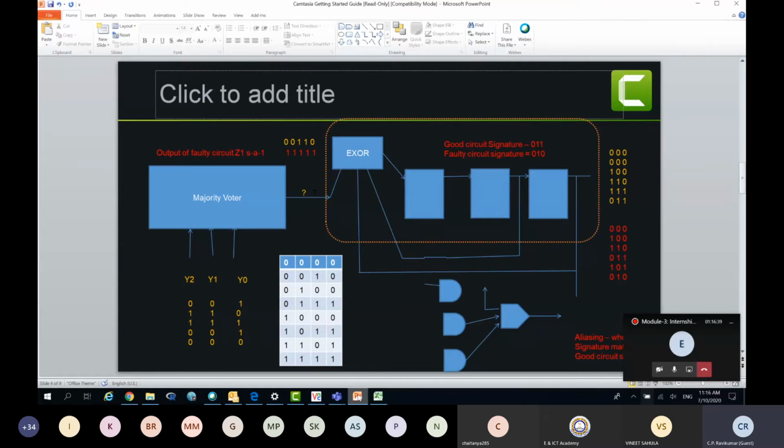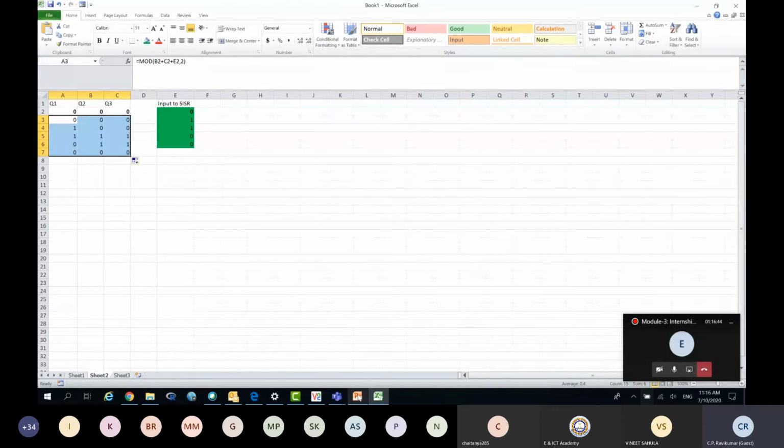How come it's not matching? 0, 0, 0, 1, 1, 0. I'm getting a different answer here. Can anybody verify what I did wrong? These are my flip-flop outputs 0, 0, and this one B2.